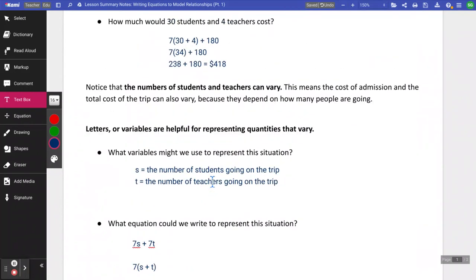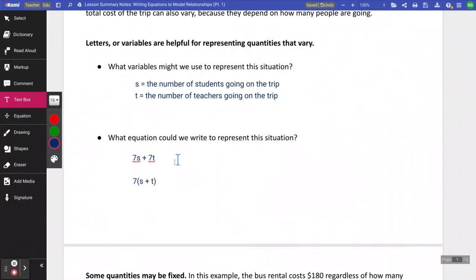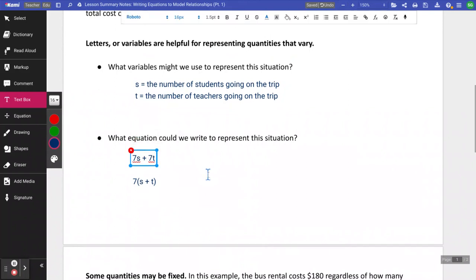The other thing I had to do every single time was that bus, right? Each time I was adding in that $180 for the bus. So I would want to include that as well. I would say $7 for each student plus $7 for each teacher plus $180 for my bus. Now notice my bus here, that number doesn't have a variable with it.